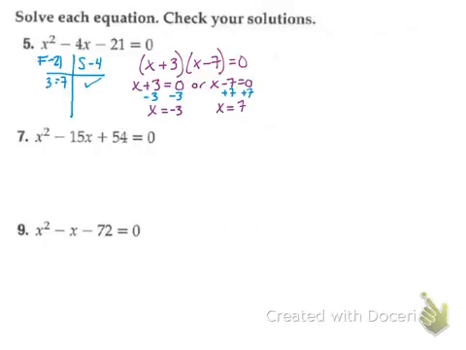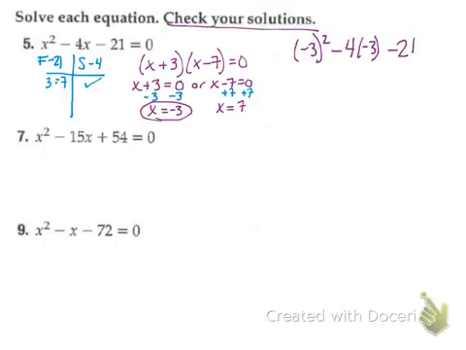Now I want to see if you guys remember how to check your solution. Any ideas? Well, you would want to take that number and plug it in for both x's. So you would try -3 squared minus 4 times -3 minus 21, and it would need to equal 0. So you could plug all that into your calculator and make sure it equals 0.